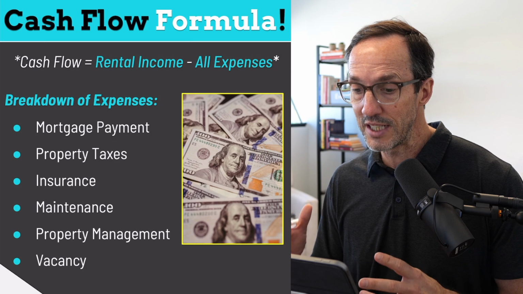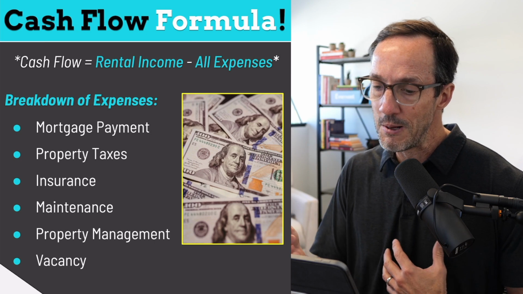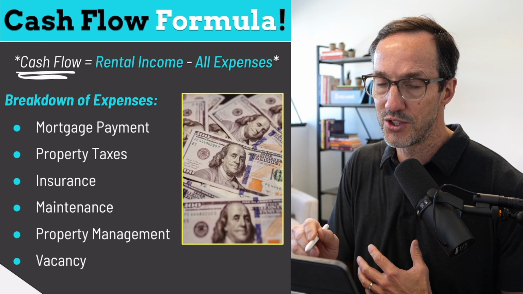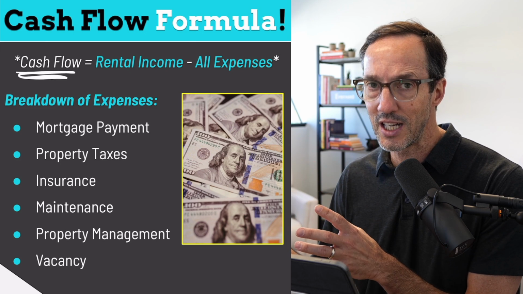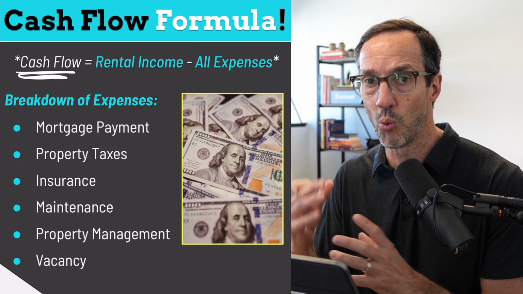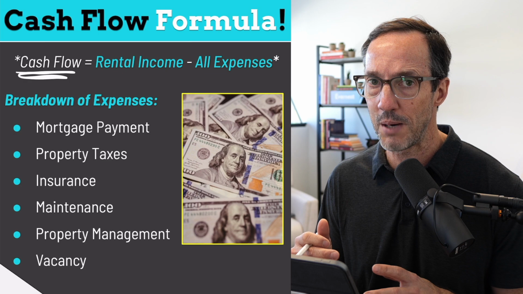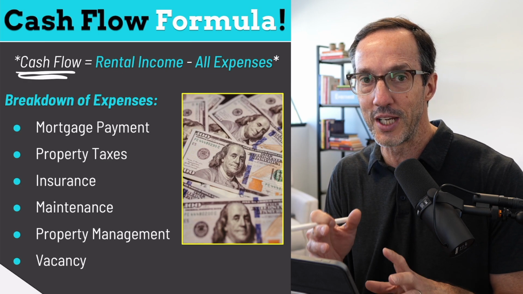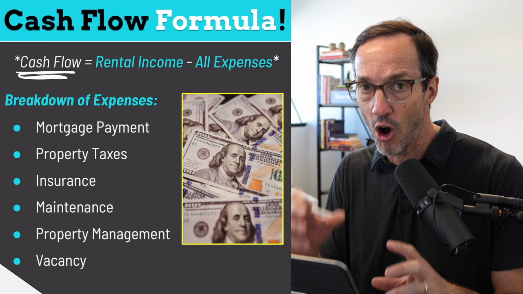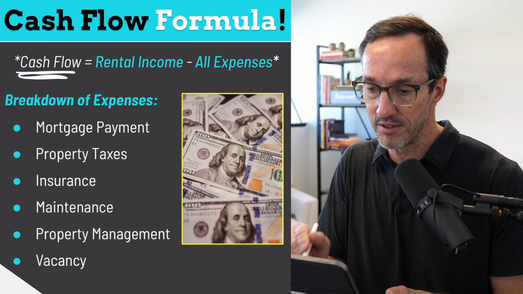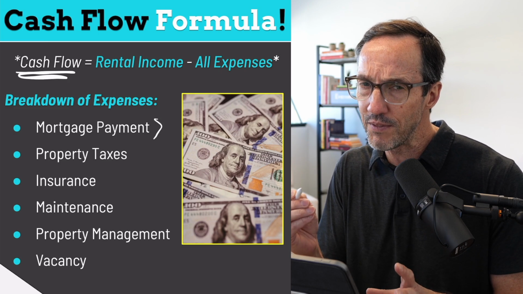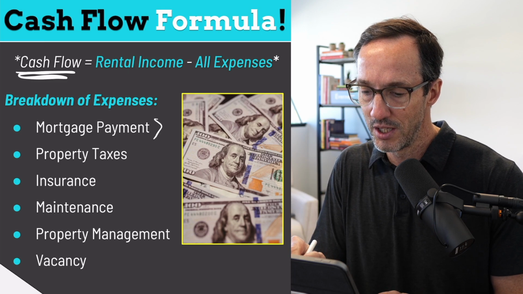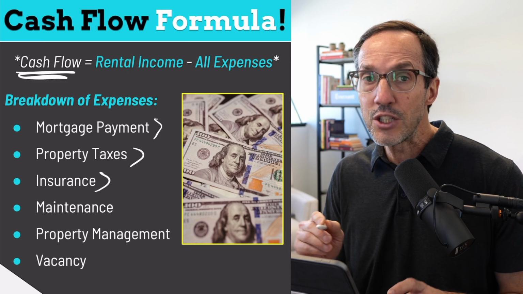All right, so let's go into the cash flow formula. Really, we know that cash flow is just a product of the rental income minus all your expenses. So what are your expenses when you own rental property? You have to be careful with this. You need to make sure you're counting all of these as expenses. So you have your mortgage payment, obviously, unless you're paying cash. You have your property taxes, your insurance.